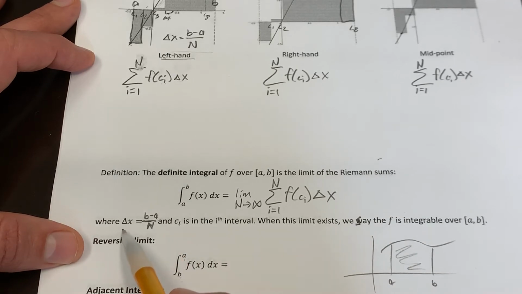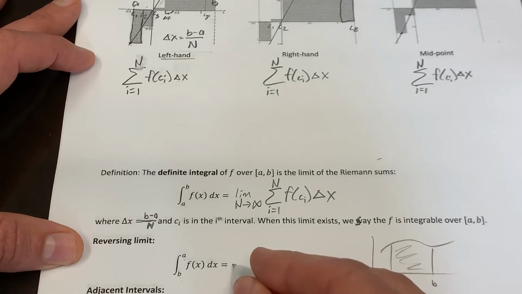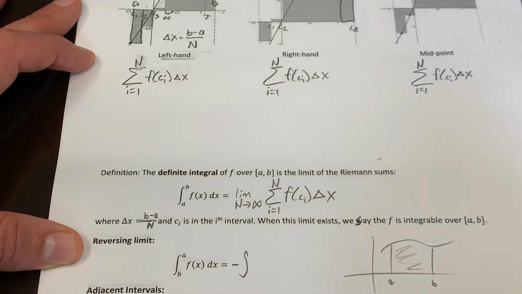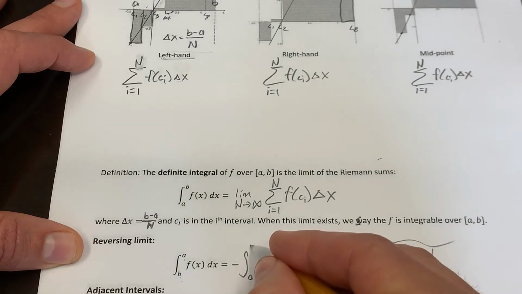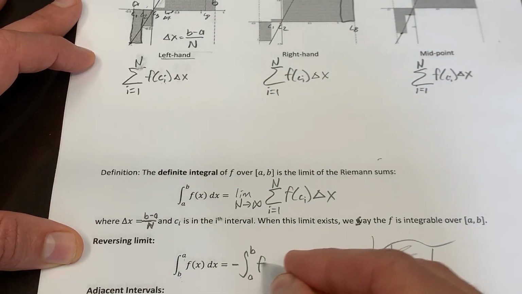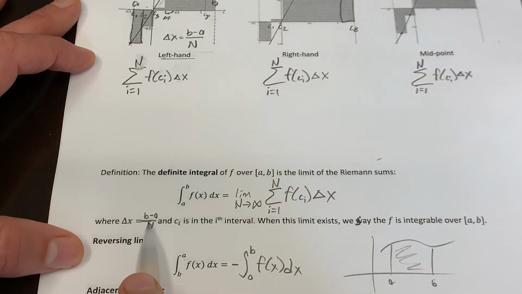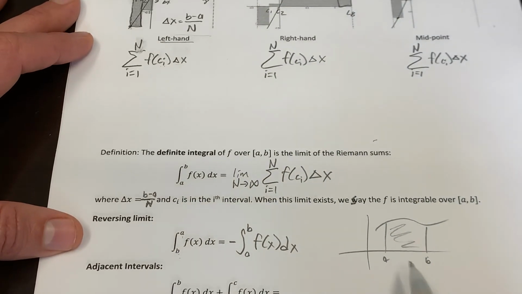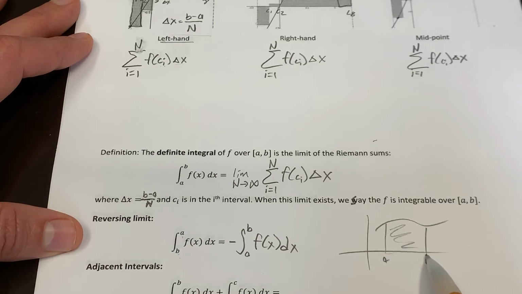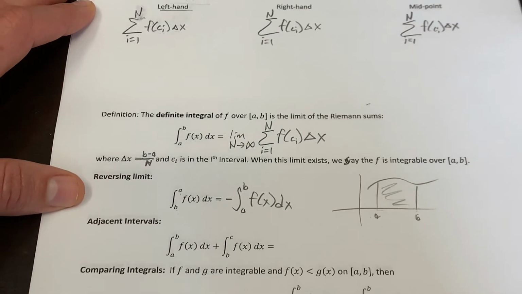Really, you just have a negative in every delta x. And that follows exactly. If you start at the right and go to the left, the signed area is just going to be negative the integral from a to b of f of x dx. It follows very technically from delta x, and it sort of follows intuitively. If you go left to right, it's positive, as long as it's above the axis. And if you go right to left, it's negative.